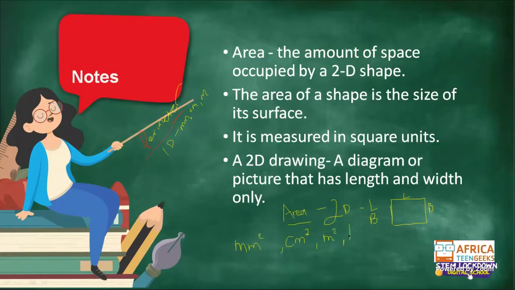I'll show you just now how we get square units. A 2D diagram is a diagram or picture that has length and width only. Width and breadth are used interchangeably.